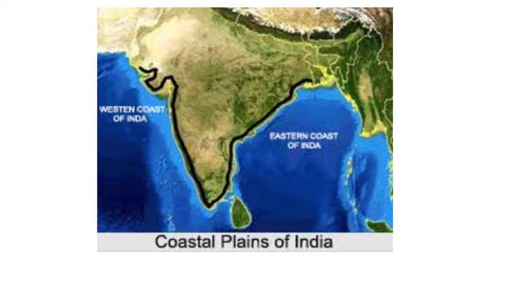The coastal plain that lies between the Eastern Ghats and the Bay of Bengal is known as the eastern coastal plain. And the coastal plain between Arabian Sea and the Western Ghats known as western coastal plain.